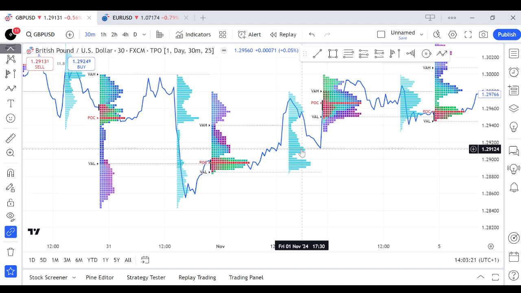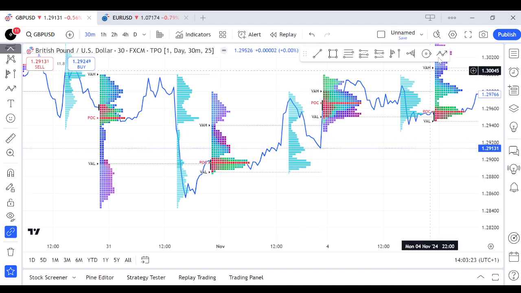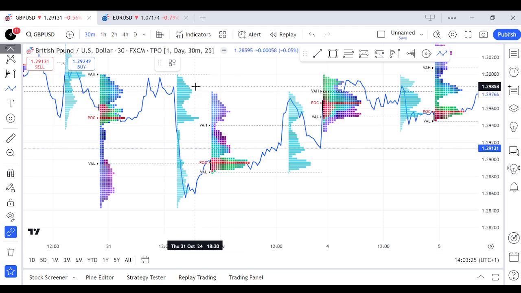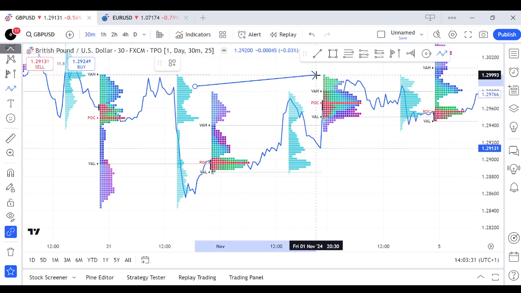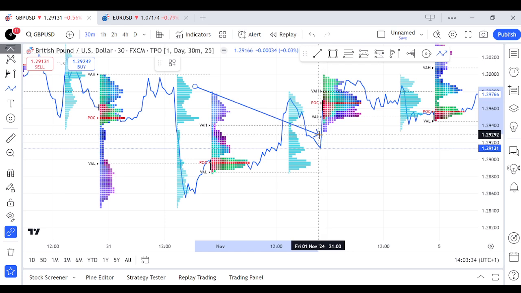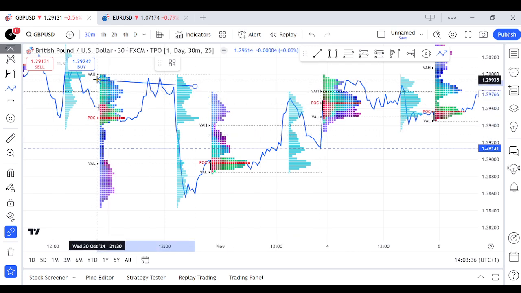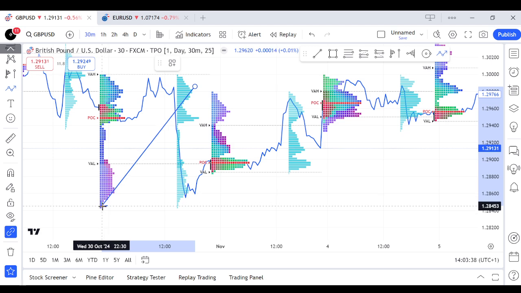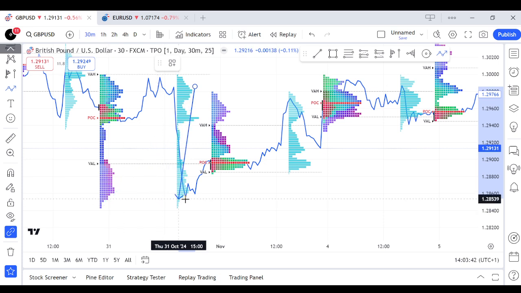This is the initial balance, from here to here, from up here to down here. It's a price range established during the first hour of trading and can signal the day's tone.